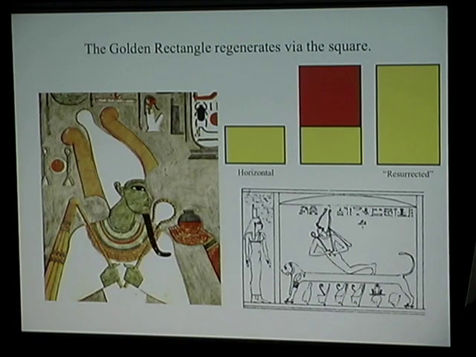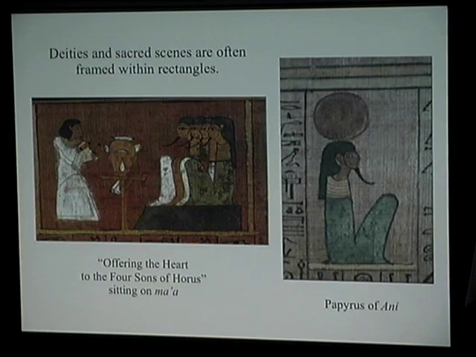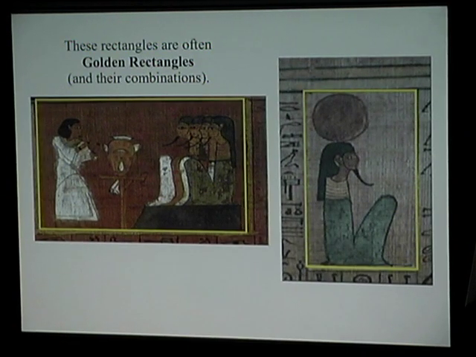And so it makes sense to use it in art involving Osiris and others. Very often you'll see in Egyptian art, architecture, images framed in rectangles. And very, very often those rectangles are golden rectangles. Not difficult to find, and the combinations as well.